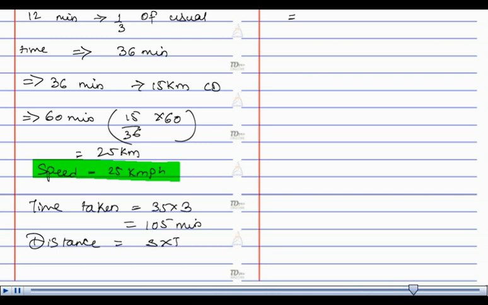So this will be equal to 25 into 7 by 4, which is equal to 175 by 4 kilometers. So the total distance will be 175 by 4 plus 70, which will be equal to 113.75 kilometers.